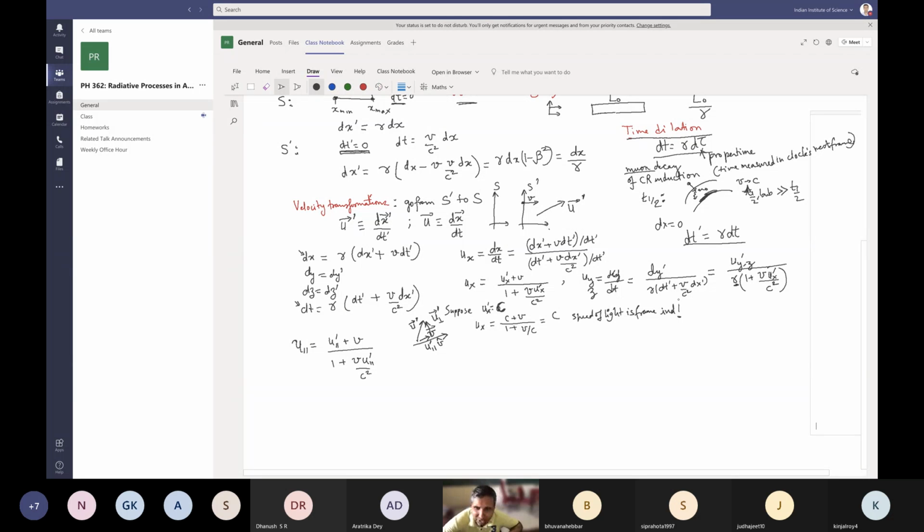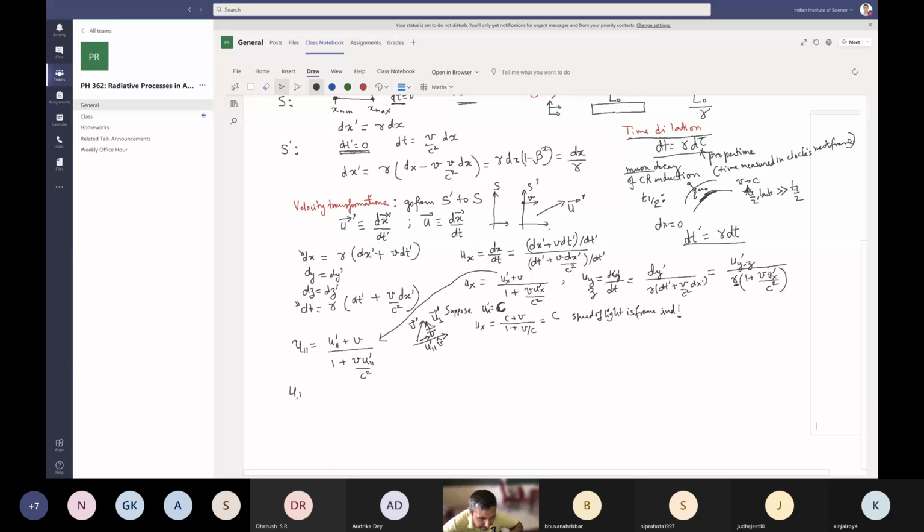So I've just written these things which I derived assuming v to be in the x direction. This is nothing but this equation, right? This is nothing but that. Instead of writing ux prime, I'm writing u parallel prime.